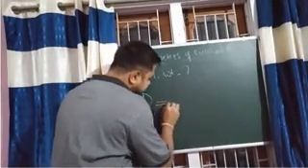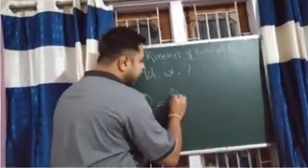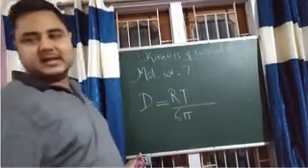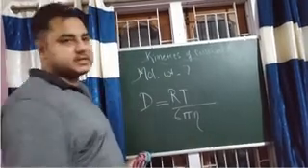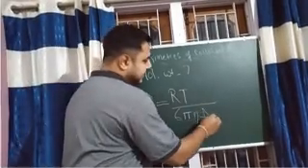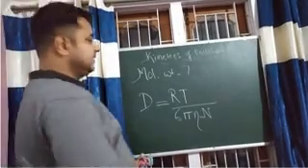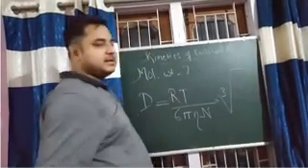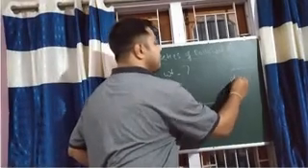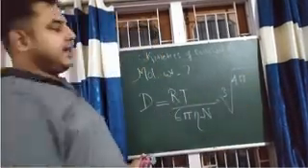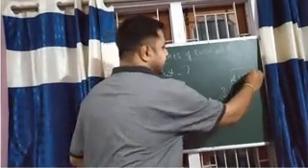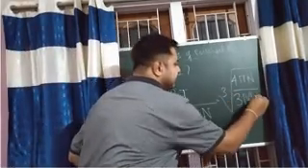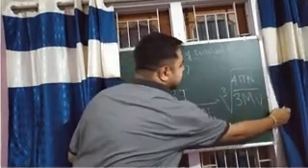D is equal to RT, where R is the natural gas constant and T is the absolute temperature, divided by 6 pi, then eta, the viscosity, then the Avogadro number, multiplied by the cube root of 4 pi N divided by 3 mV. This M is the molecular weight. I hope it is clear.